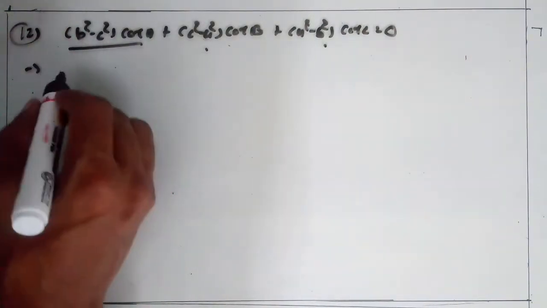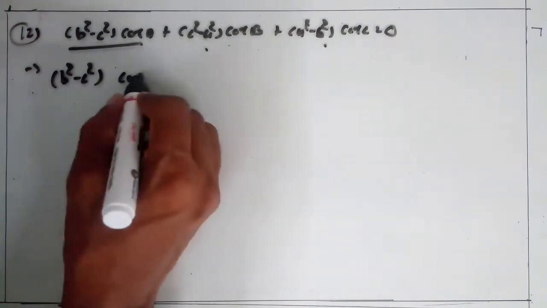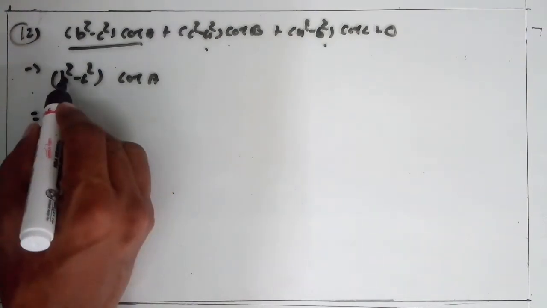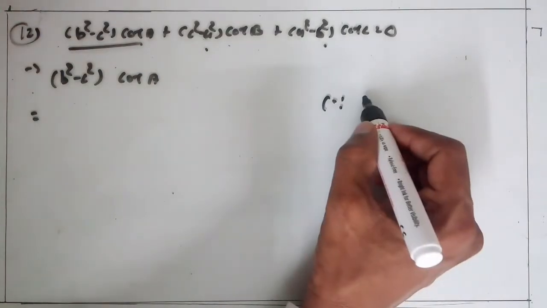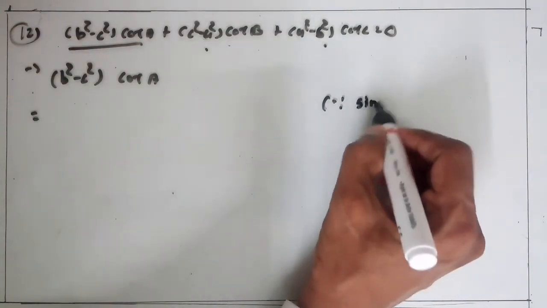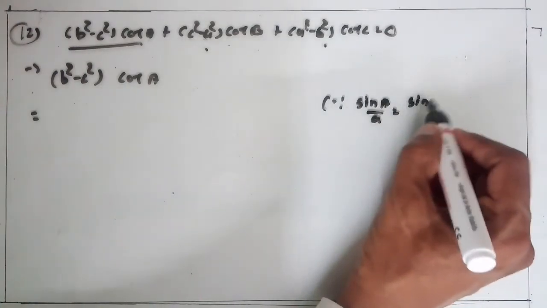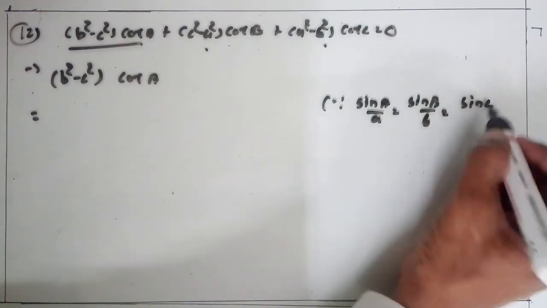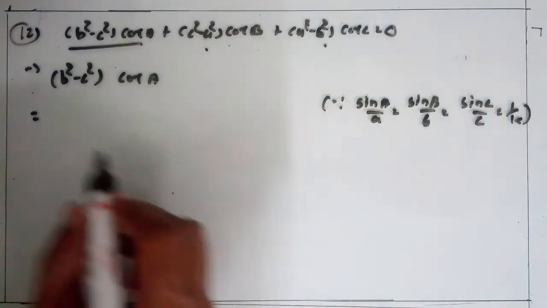So first, (b² − c²) cot A. By the sine rule, you know that sin A / a = sin B / b = sin C / c = 1/k, or k, both same.